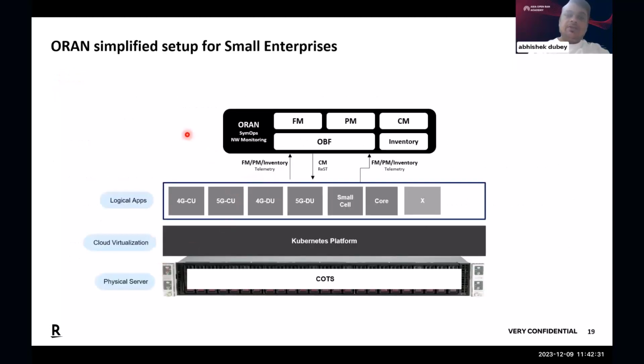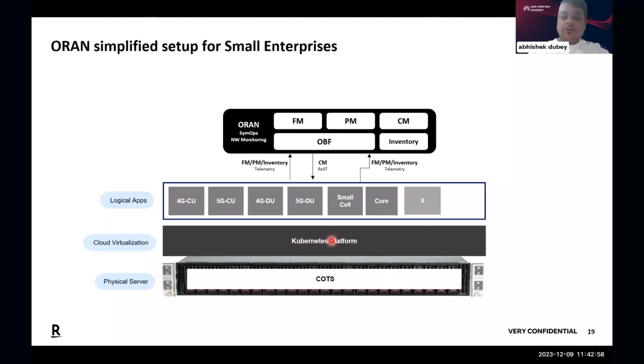Now, let me tell you a simplified setup for small enterprises, or you can take this example for a telco grade network as well. So, what does our architecture look like for SIMOPS or for network monitoring? Okay, these are simple COTS based hardware.